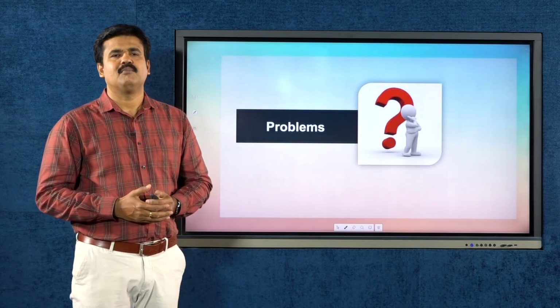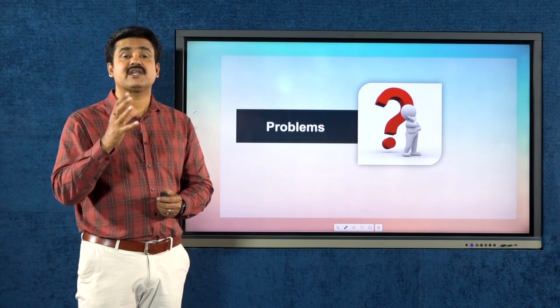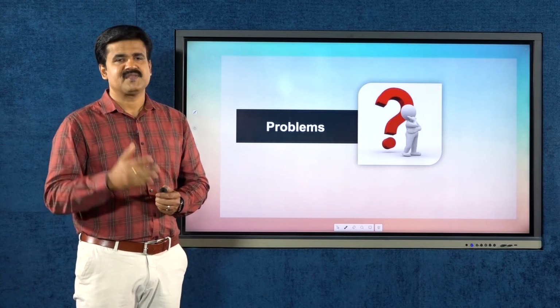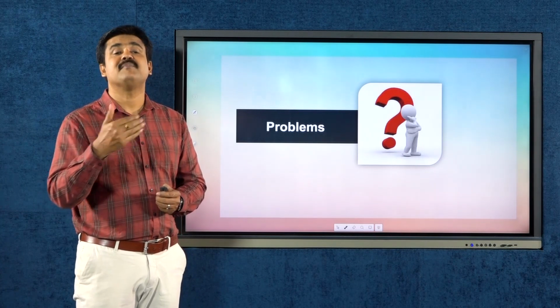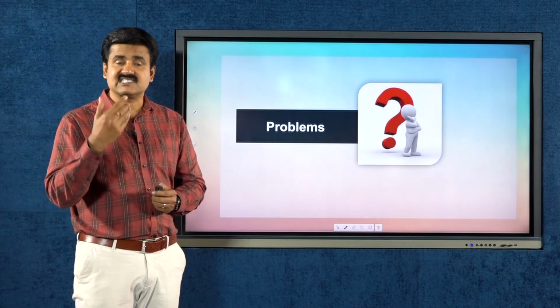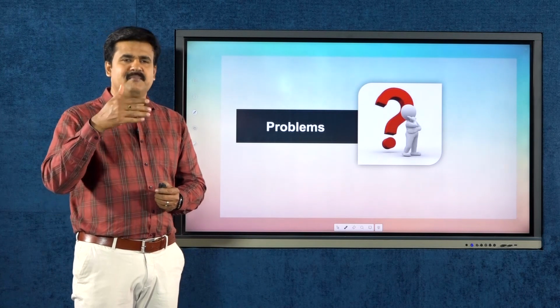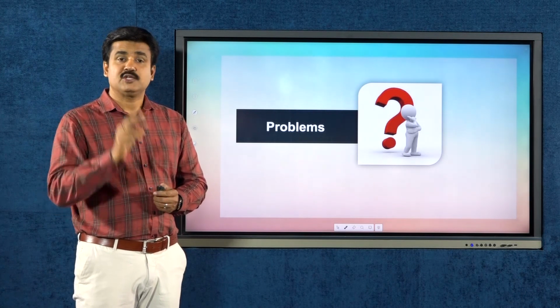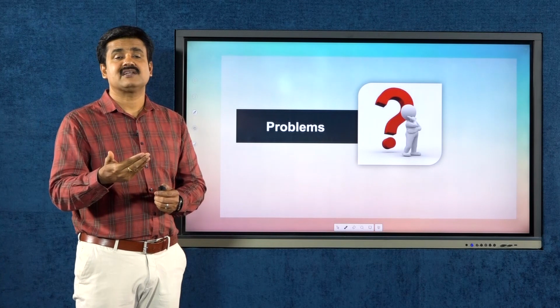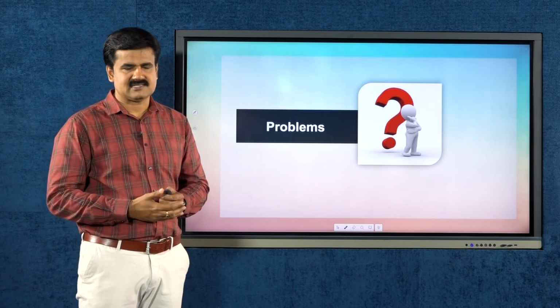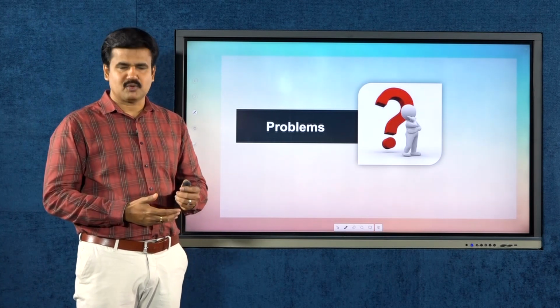Now, we are moving on to some important numerical problems based on the concepts we mastered, that is the concept of error, accuracy, precision, and the methods of expressing accuracy, absolute error as well as relative error. We can enter into the problems.